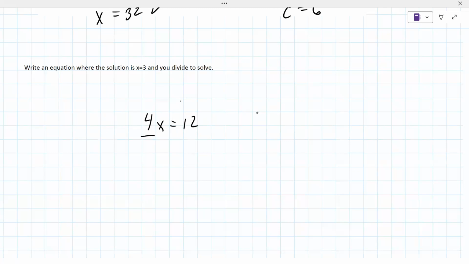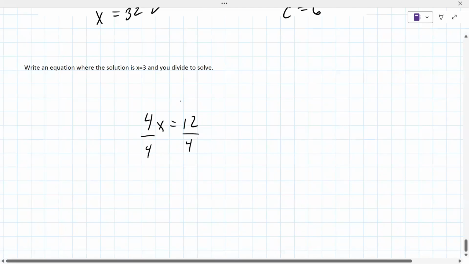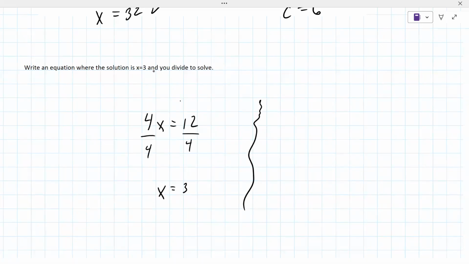Okay, now how did you solve this? 4 divided by 12. No, 12 divided by 4 equals 3. Right? Well, yeah, you divide 4 on both sides. So did it satisfy everything that I wrote here? Yes, that's true. Okay, so you come up with one now.